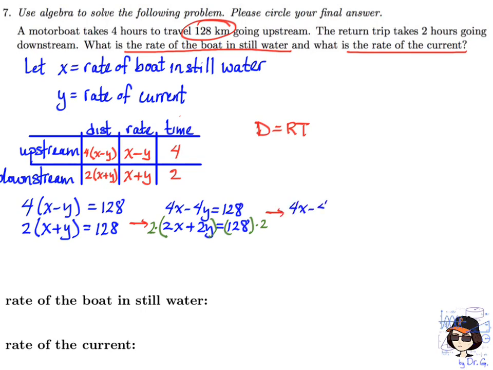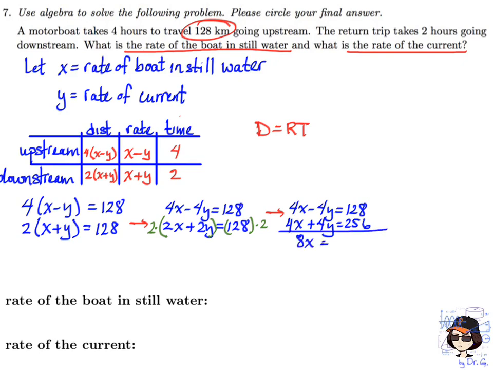4x minus 4y equals 128, and 4x plus 4y equals 256. And now notice I can add those two together and eliminate the y variable.